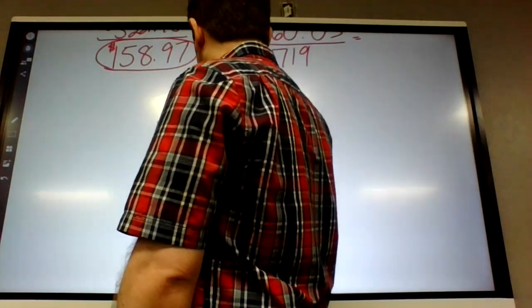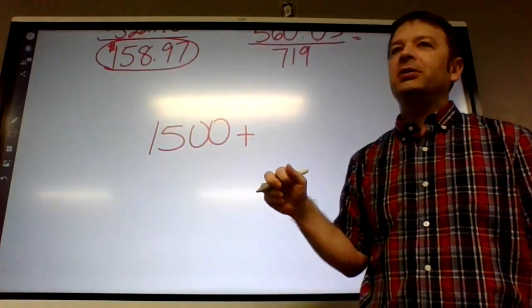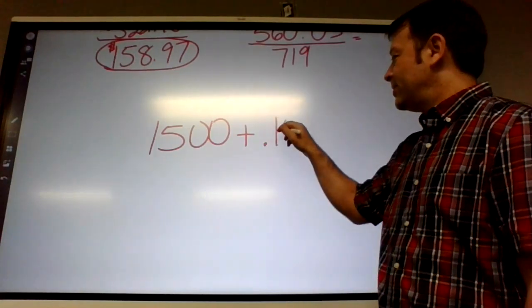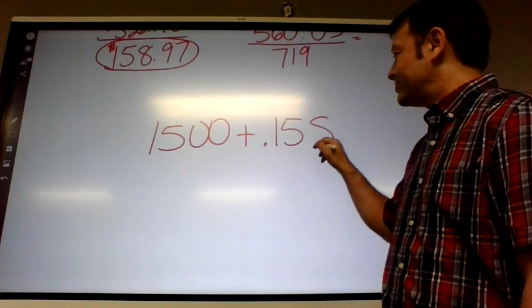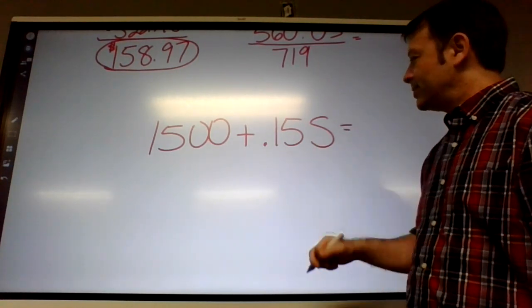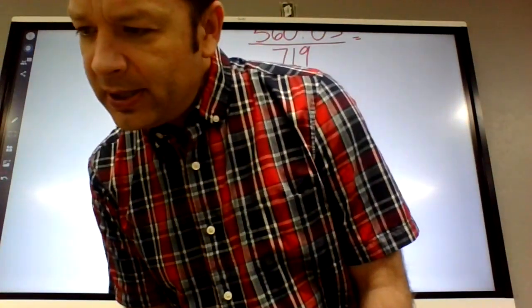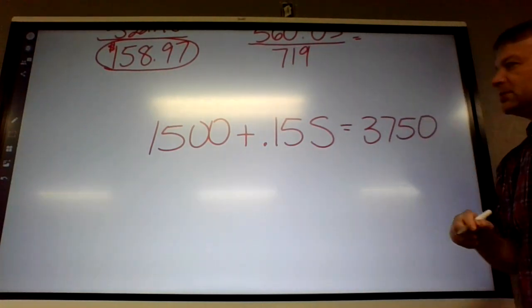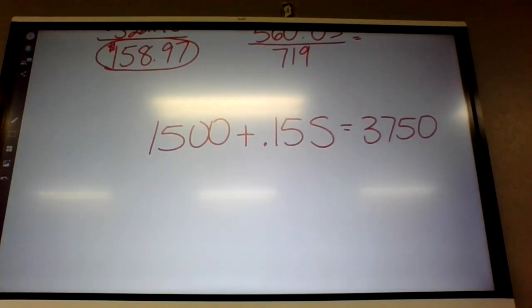Plus he's gonna get what? Right, 15% of however much he sells. I'll call that S. And in the month, he wants to make $3,750. Just multiply all those together? No. Okay, it's just like a basic algebra problem.